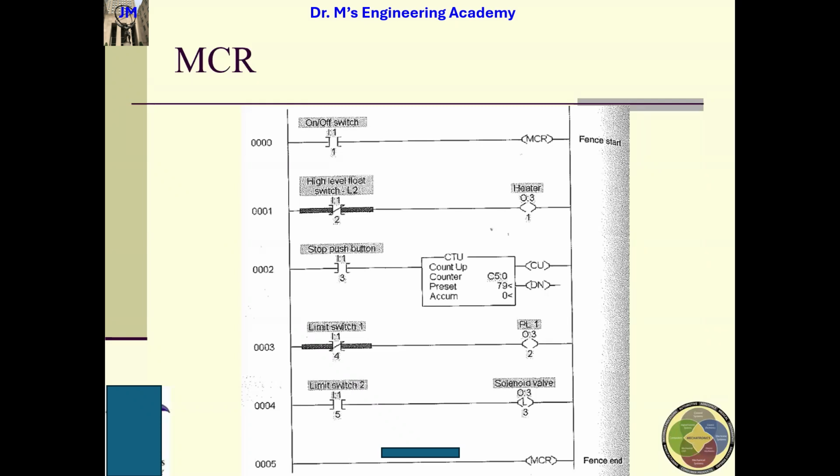Why? Because this is a master control reset. One more time: if this guy is false, this non-retentive output and this non-retentive output will be turned off immediately, and no matter how you press these two buttons, you have no control. You cannot turn on these two guys.